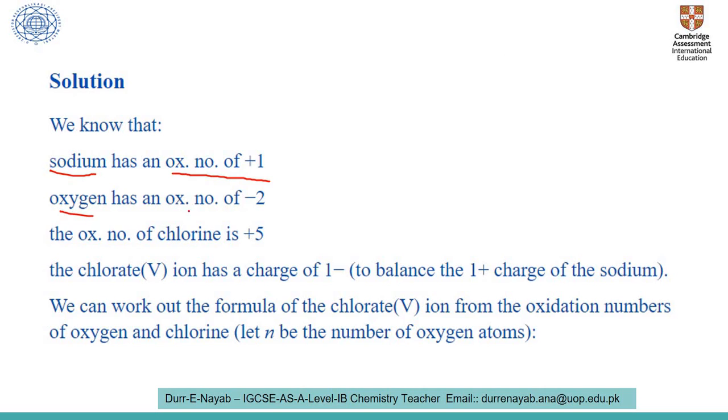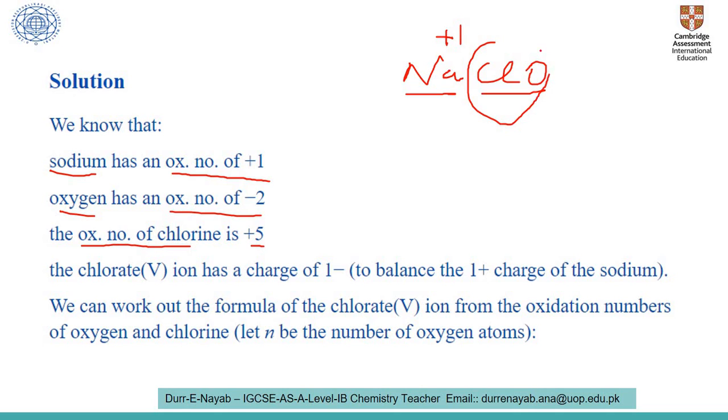So oxygen has an oxidation number of -2 and the oxidation number of chlorine is 5. For example, this is the chlorate and this is the sodium. Sodium is +1 and this whole ion is -1. So this will cancel, and as a result this compound will be neutral.